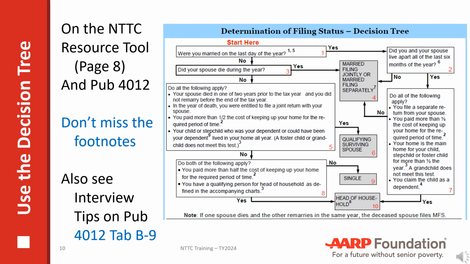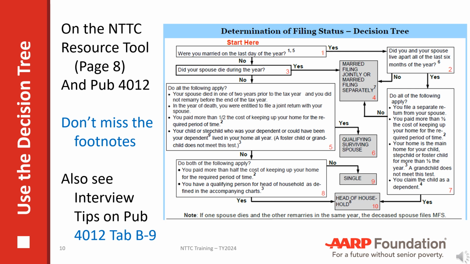Also, you'll notice in this decision tree, there are various places where there will be footnotes, and you'll be pointed to those footnotes through superscripts, like a number 1, number 2, or number 3. If you see one of those superscripts, it's very important that you consult the footnotes to make sure that you understand the entire situation, because mistakes can easily be made, and decisions can be incorrectly made, by not paying attention to the footnotes.